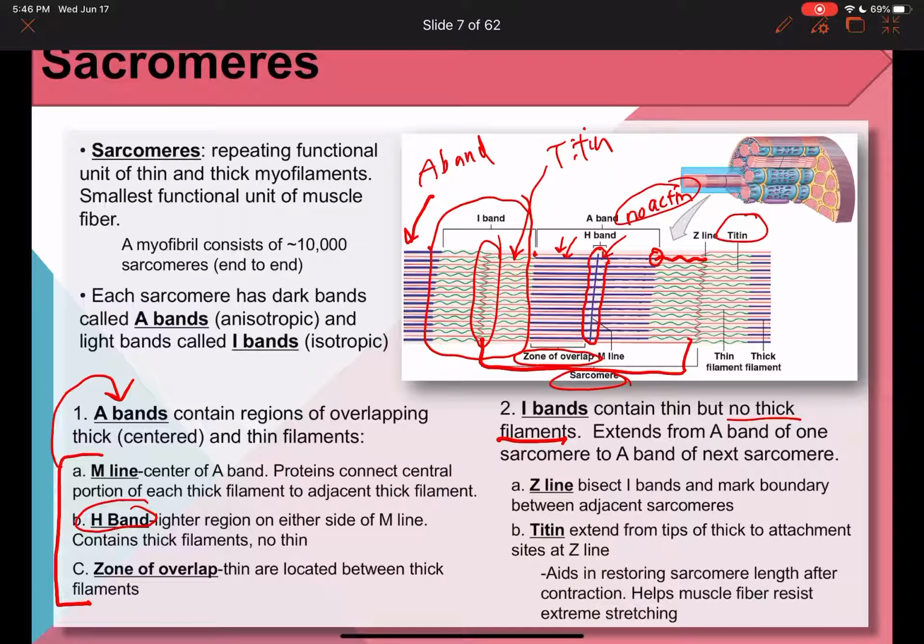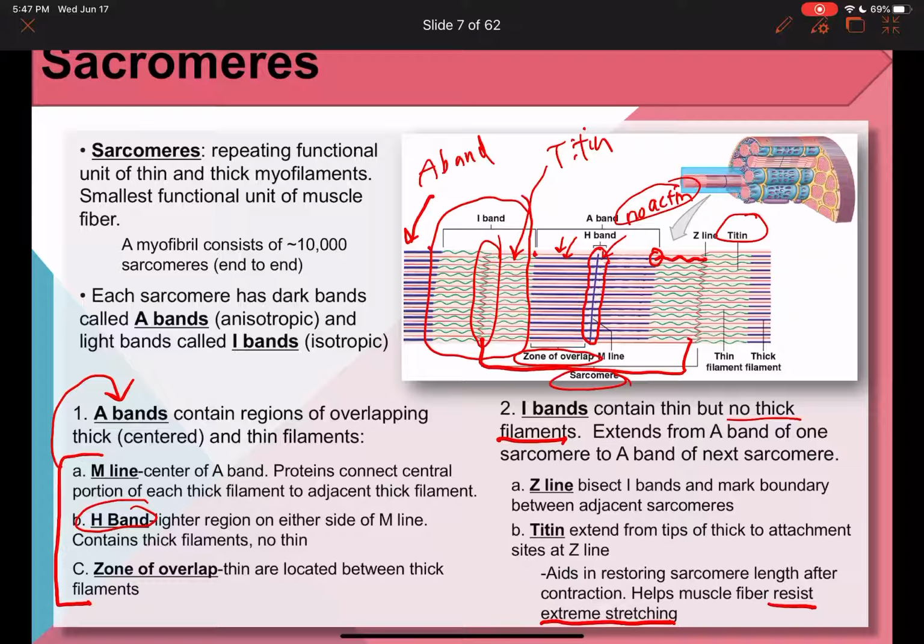For example, once your muscle fiber has contracted, your sarcomeres need to go back to their resting length. In order to do that, your titin can recoil it back so that you have that resting length, and then you can go for another round of contraction. The other thing titin does for us is that it helps to resist extreme stretching, so that we don't pull and damage our muscle fibers apart.